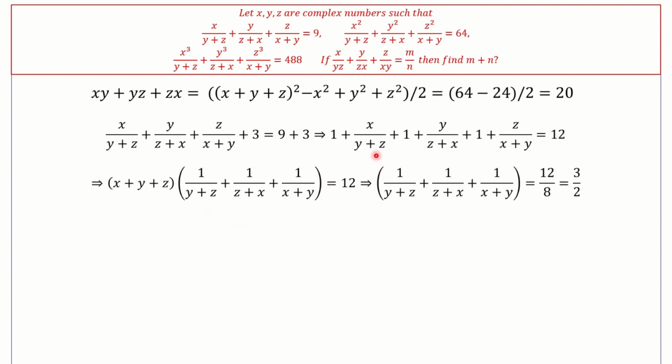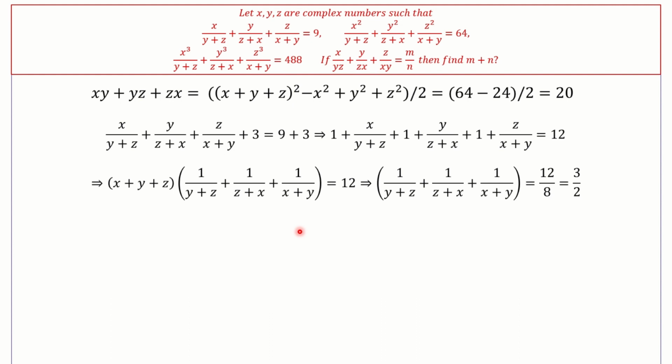Now if I expand this, y plus z plus x, that is x plus y plus z here, numerator will be x plus y plus z here also. So I'm taking this common, and 1 by y plus z plus 1 by z plus x plus 1 by x plus y equal to 12. So what I got is this expression. This expression is 3 by 2. You understand up to this point?